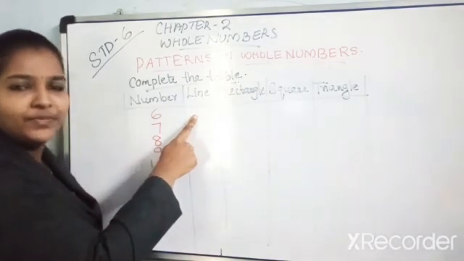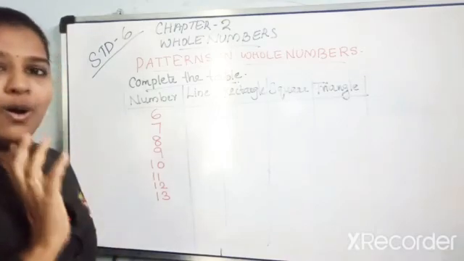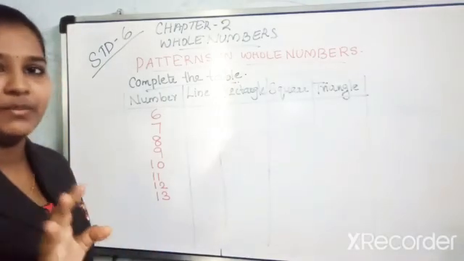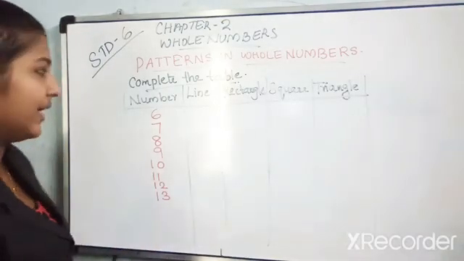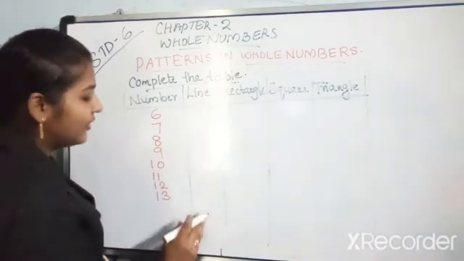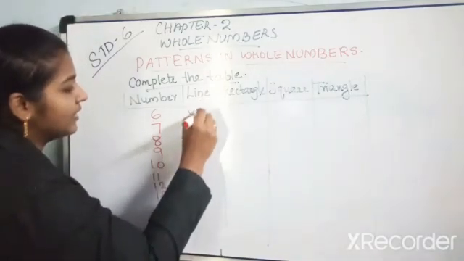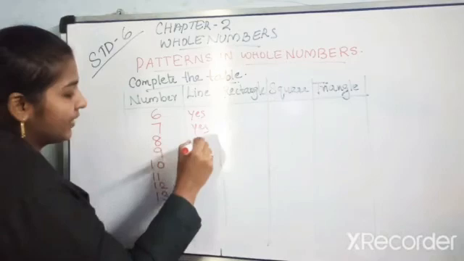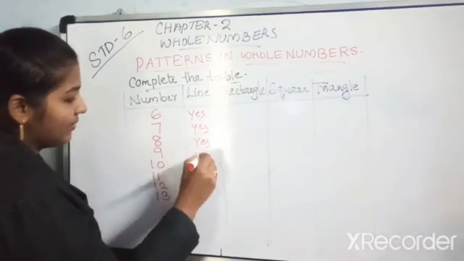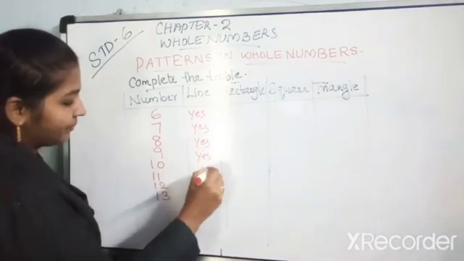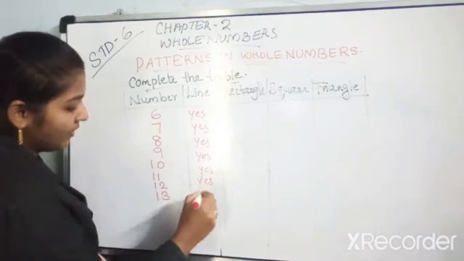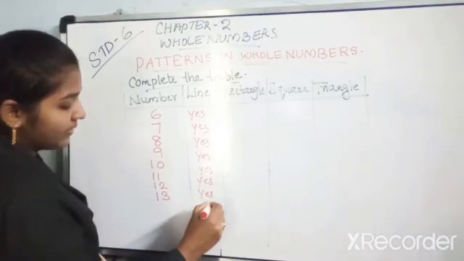Yes or no? Yes. We know every number we can arrange as a line. So here in the first section it's all yes. Right? We can arrange all the numbers as a line. So yes for all the numbers.